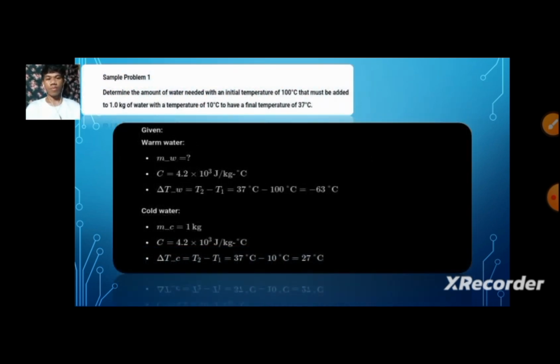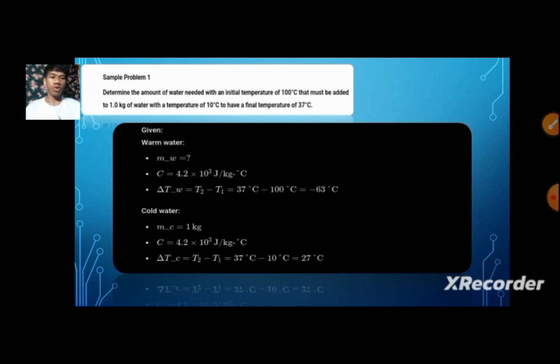We have the sample problem number 1. Determine the amount of water needed with an initial temperature of 100 degrees Celsius that must be added to 1.0 kilogram of water with a temperature of 10 degrees Celsius to have a final temperature of 37 degrees Celsius. We have here the given, which is the warm water and the cold water.